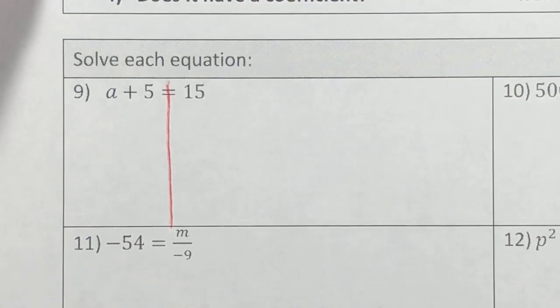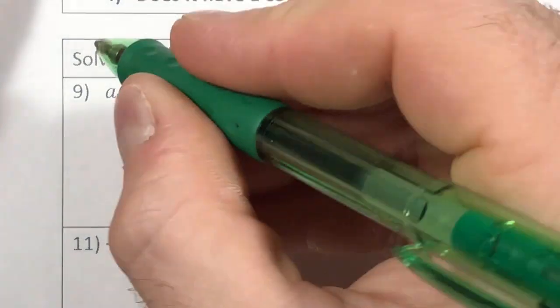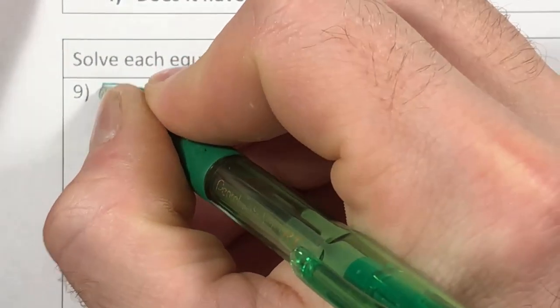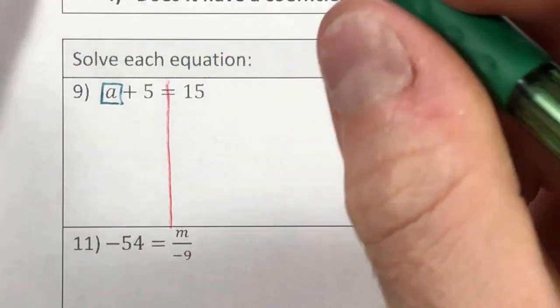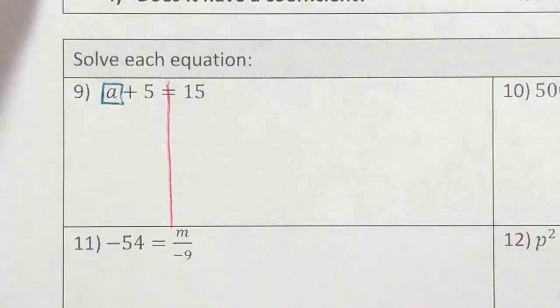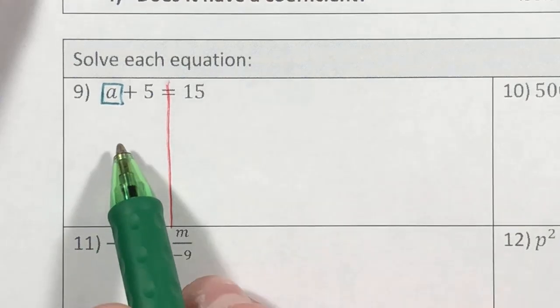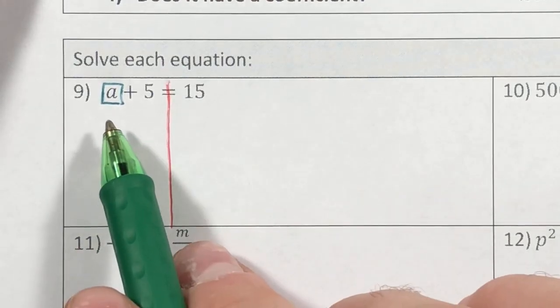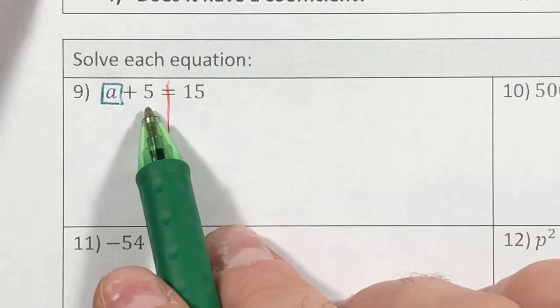Next, we're going to follow it through and say, hey, how many times is our variable written out? And we notice that our a term is only written once, which means I'm going to say nothing needs to be combined. Lastly, is there any other term outside of the a that we need to get rid of?